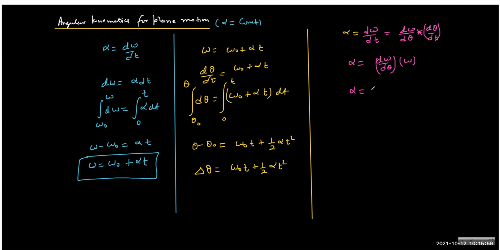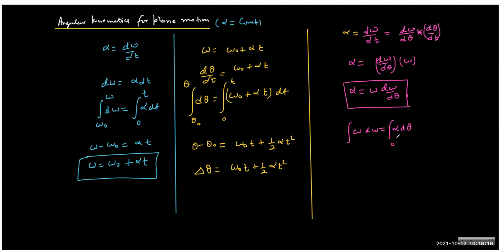So I'll just write this as omega d omega by d theta, which is very similar to v dv by dx. And because alpha is omega d omega by d theta, you can write omega d omega equals alpha d theta.